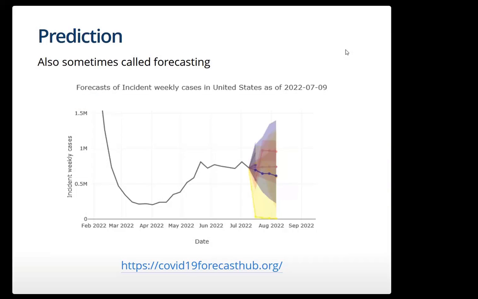Here's from the COVID forecasting hub, basically predictions. I pulled that a few days ago. You see in solid the actual cases in the US, and then in color different model predictions, what each model would say will happen over the next so many weeks.